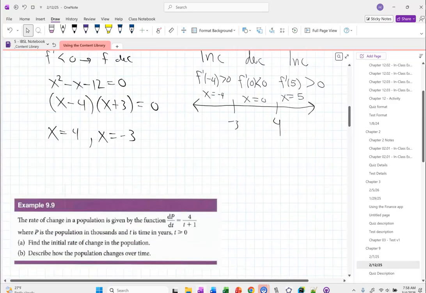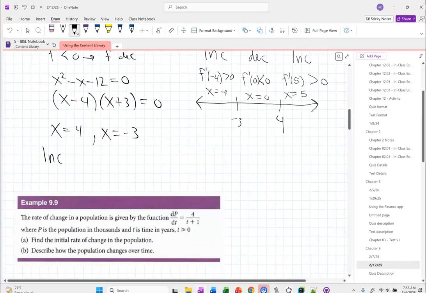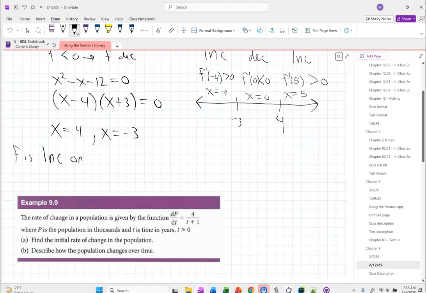So I would say then my answer is increasing and decreasing. I'm just formulating that together into interval notation and labeling my answer.